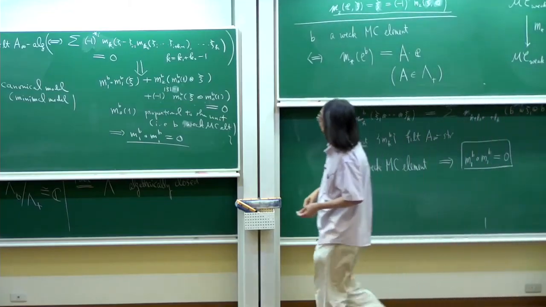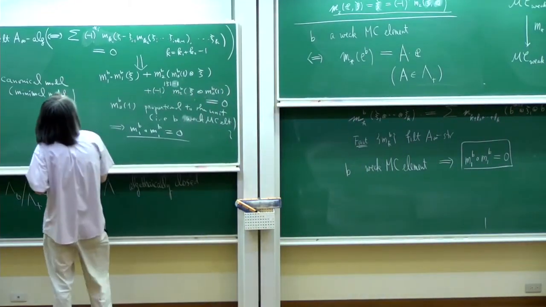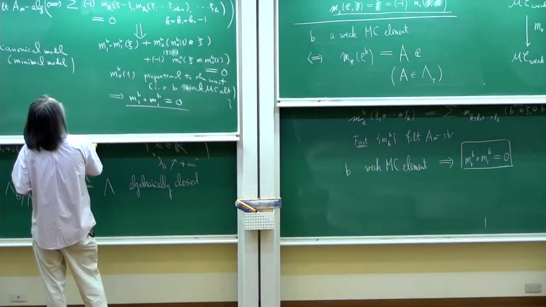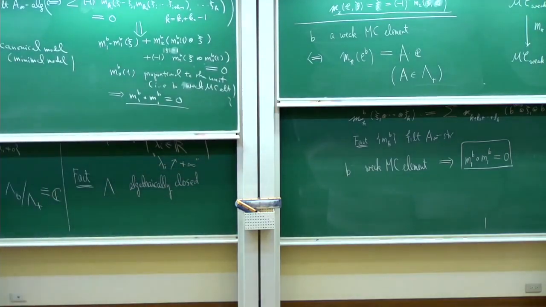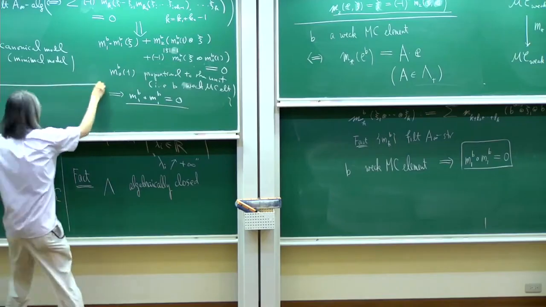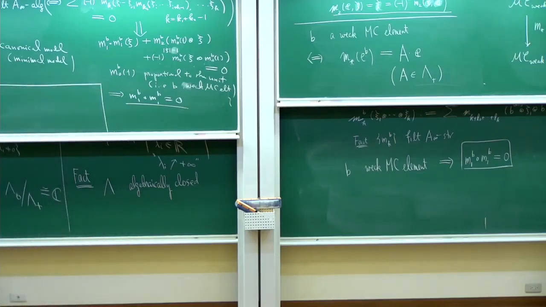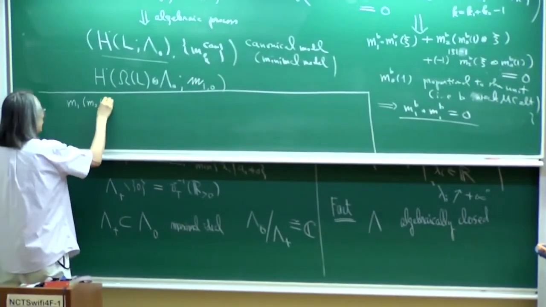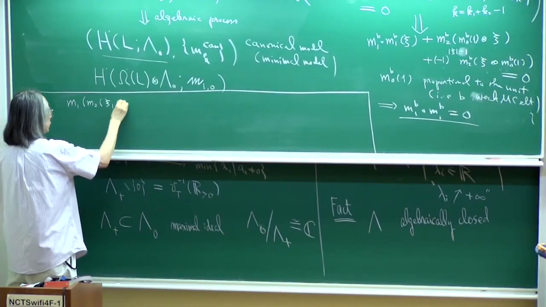Maybe I can also tell you one more thing. Probably last time I didn't really say this. So I take M1, and here I have M2 of xc1 tensor xc2.